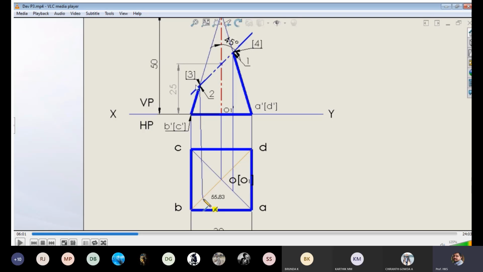Similarly from this end, BO, you have to project it till it cuts this slant edge in top view. Again you have to project it till it cuts the slant edge CO.